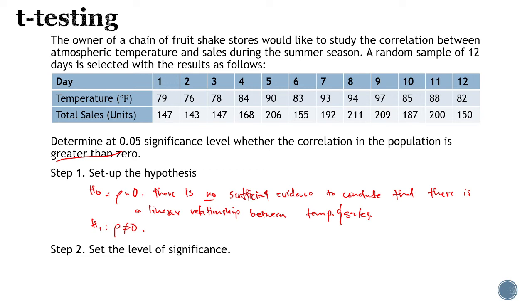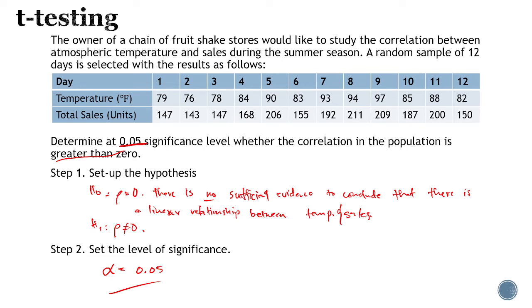So, for the level of significance, nakalagay na yun dun sa problem, we have here 0.05. So, susulat lang natin dyan, ang alpha natin or ang level of significance is equal to 0.05. So, yun lang yung kailangan natin dyan sa step 2.